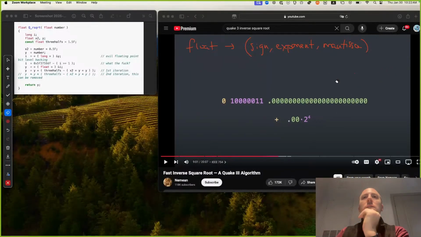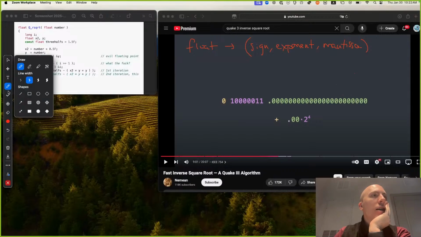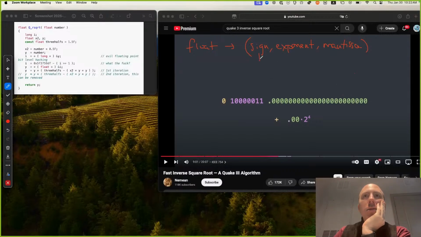Yeah. So this is the first pass. The sign bit basically stays the same. The exponent, you take it and subtract 127. It's a little shifting trick.